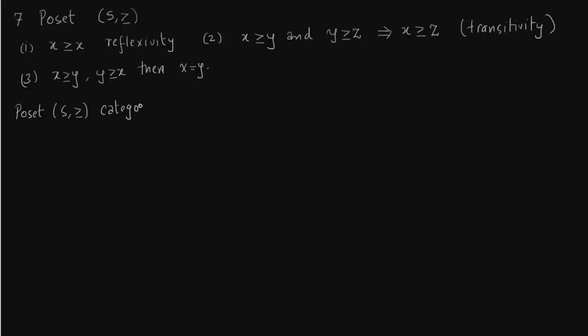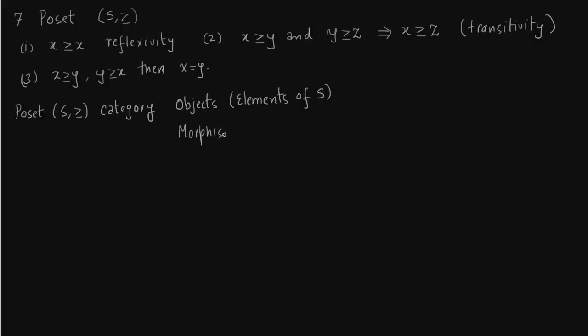So the objects of the category are nothing but elements of the partially ordered set S, and there is a single morphism from x to y if and only if x is greater or equal to y, and there is no morphism otherwise.